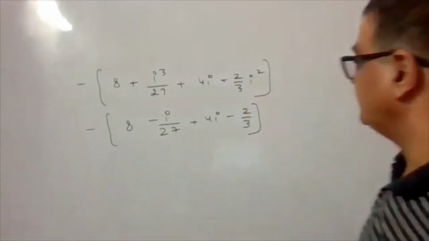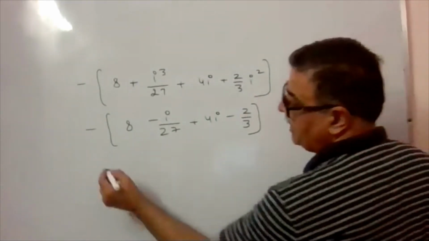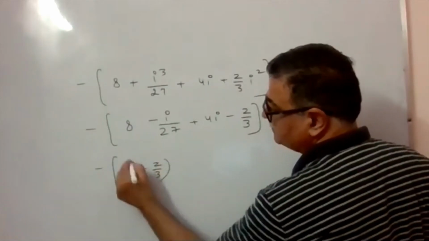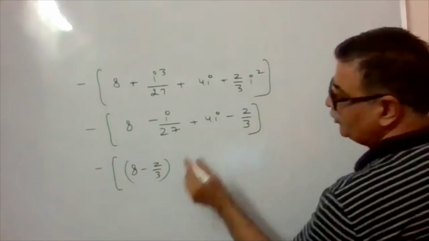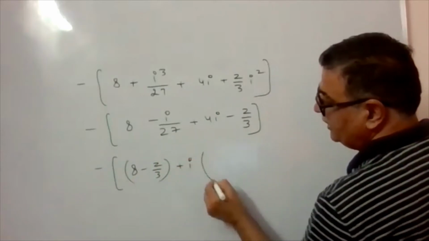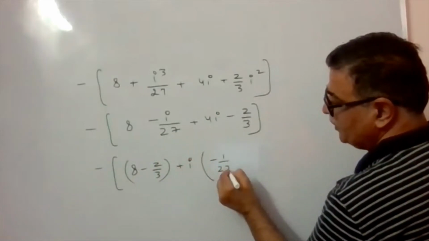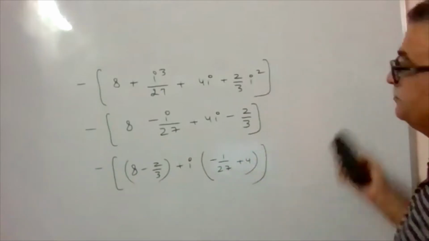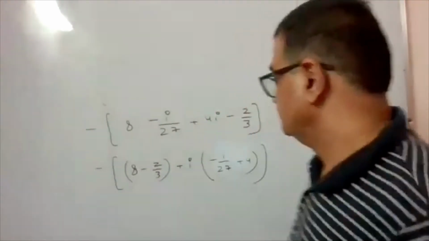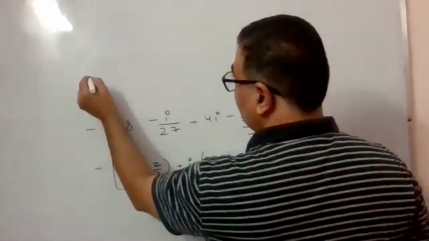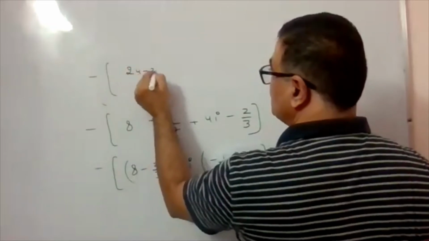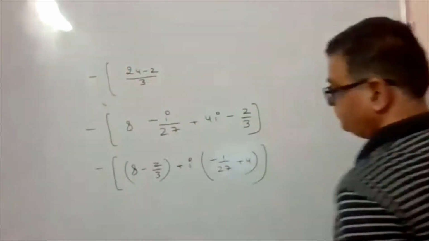Now we'll collect the terms of the real part separately, that is 8 minus 2 by 3. And then the iota terms together, so iota it will be minus 1 by 27 plus of 4. Now when you solve it, it will be 8 threes are 24 minus 2 by 3.